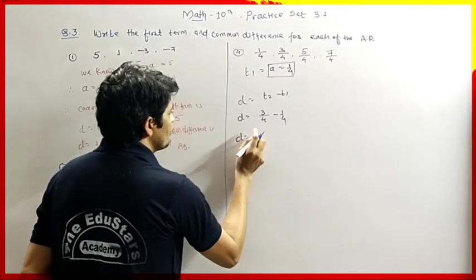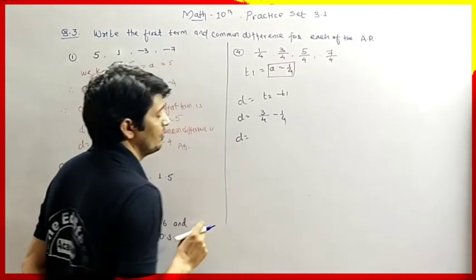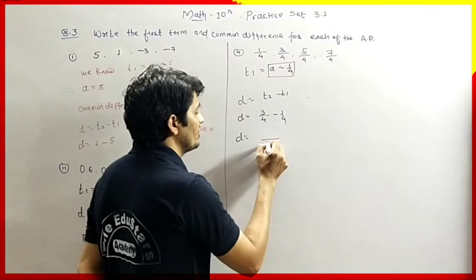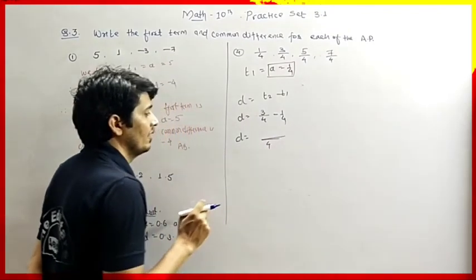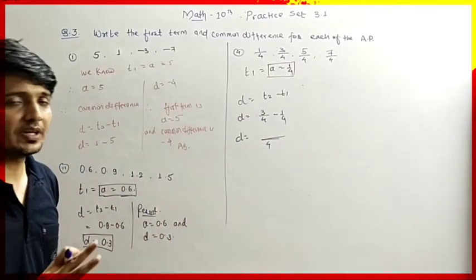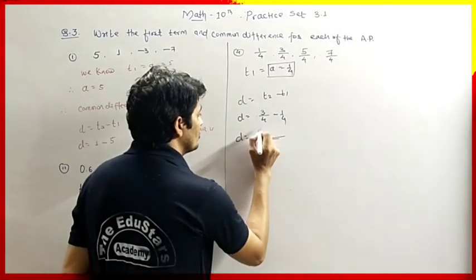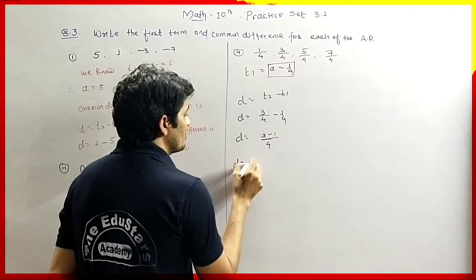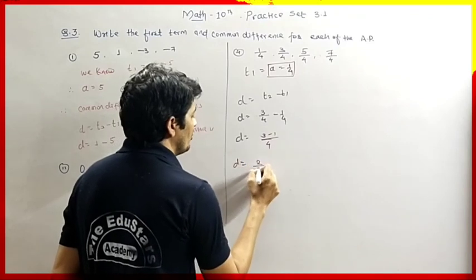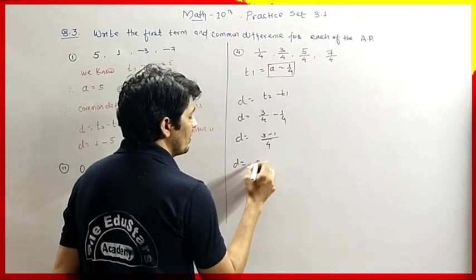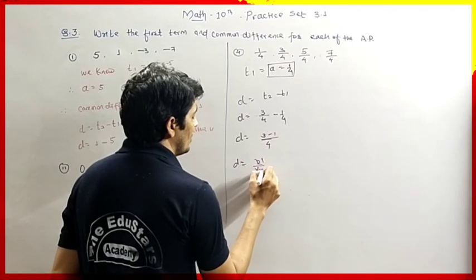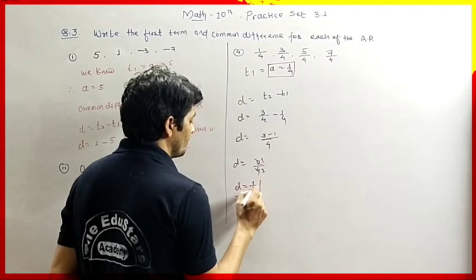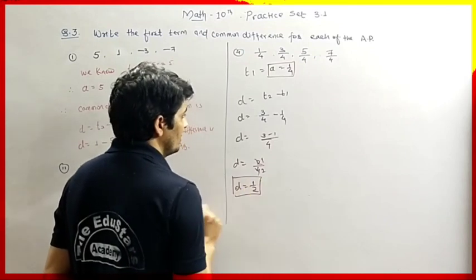If both fractions have the same base, then the base remains constant, which is 4, and the numerators get subtracted. So here we have 3 minus 1. So D equals 3 minus 1 is 2 divided by 4. If you simplify this, 2 ones are 2 and 2 twos are 4. Therefore D equals 1 by 2. Okay, so this is the answer.